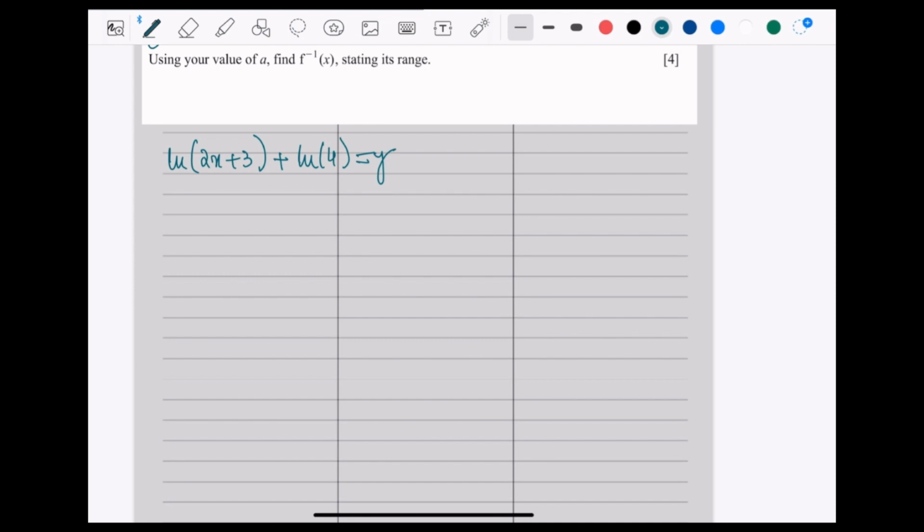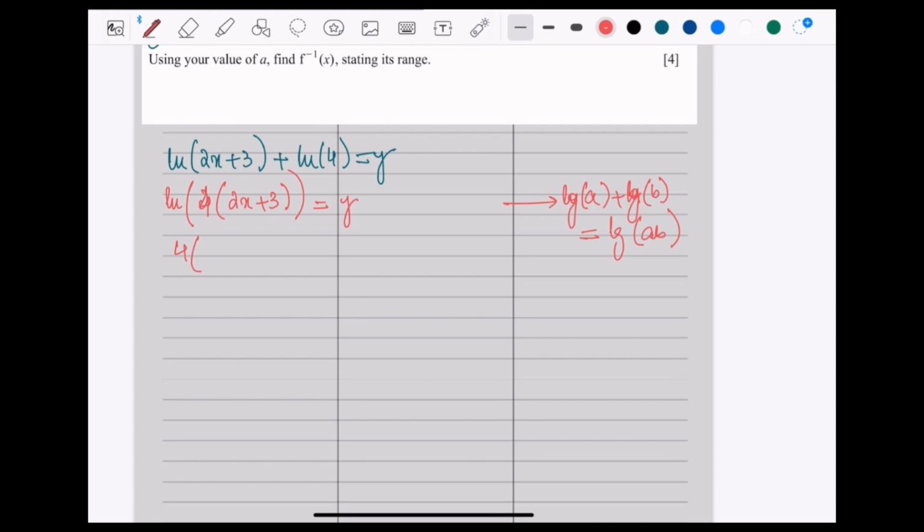As you know, the first step is to apply the product law and write 4 times 2x plus 3, as you're aware that log or ln A plus ln B is equal to log of A times B. This is equal to y.